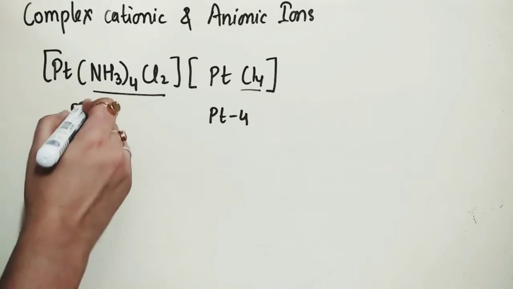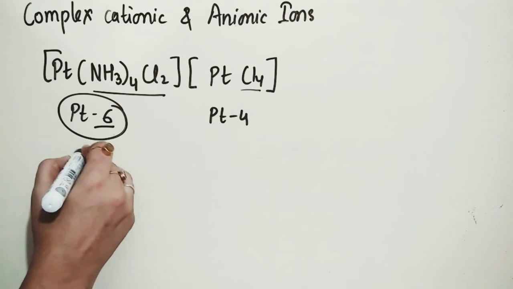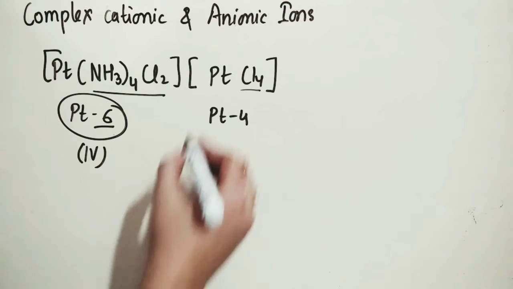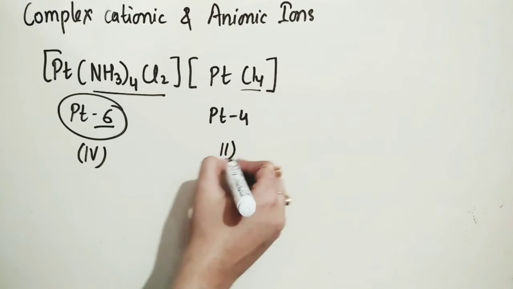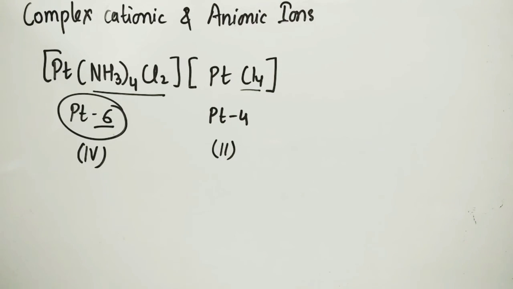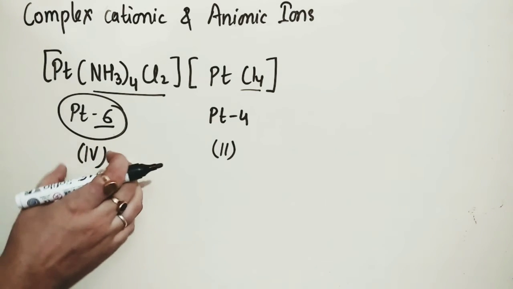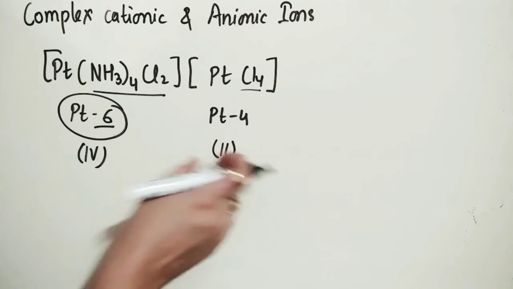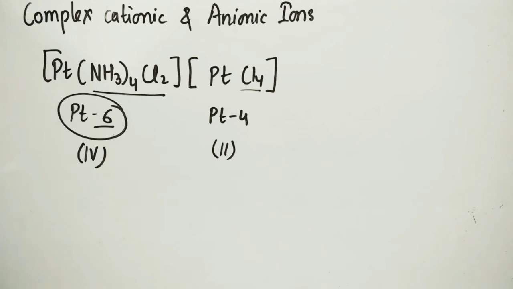In general, when platinum has an octahedral complex, it possesses the oxidation state of plus 4, and when it is a tetrahedral complex, it possesses the oxidation state of plus 2. Now this is a kind of exceptional case where we only look at the geometry and assign the oxidation state. Otherwise we will find it in the similar way we have done previously.